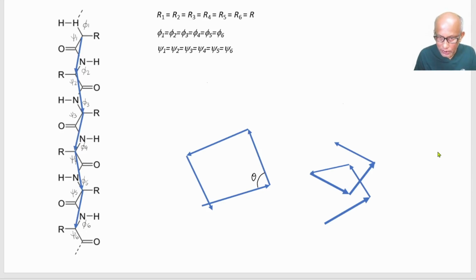So this is a major statement: whenever I have a homopolypeptide in an ordered conformation, in such a way that all the phi angles are the same and all the psi angles are the same, then that particular polypeptide must take up a helical conformation. Whatever type of helix it makes, it will have to make a helix. So this is the argument.